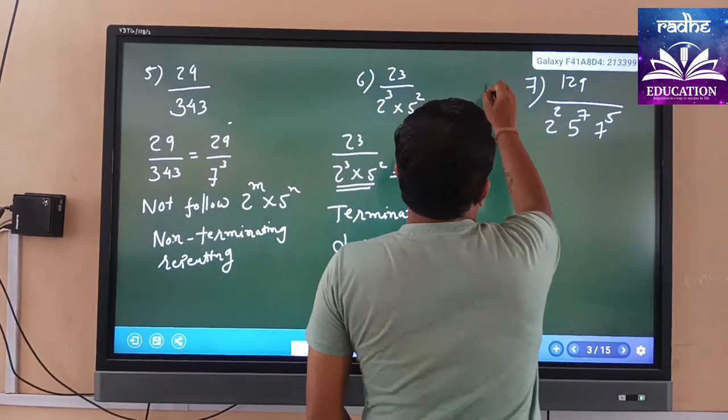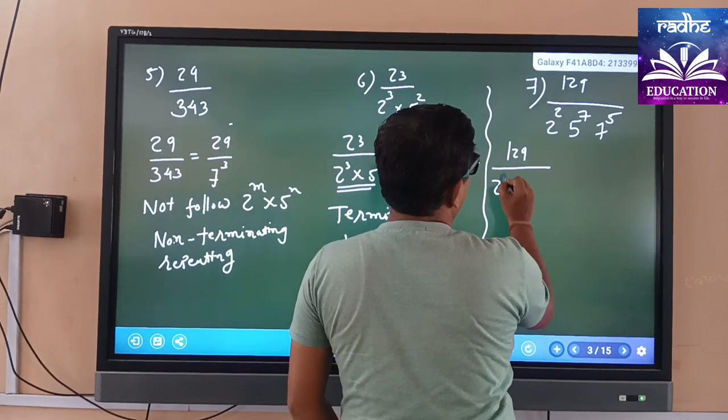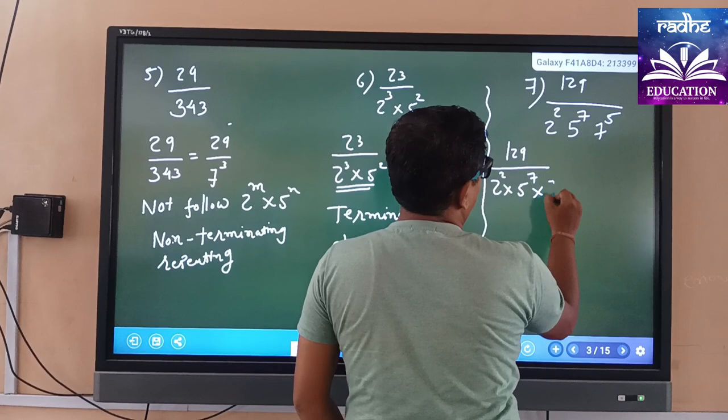Look at this question: 129 divided by 2 raised to 2 into 5 raised to 7 into 7 raised to 5.